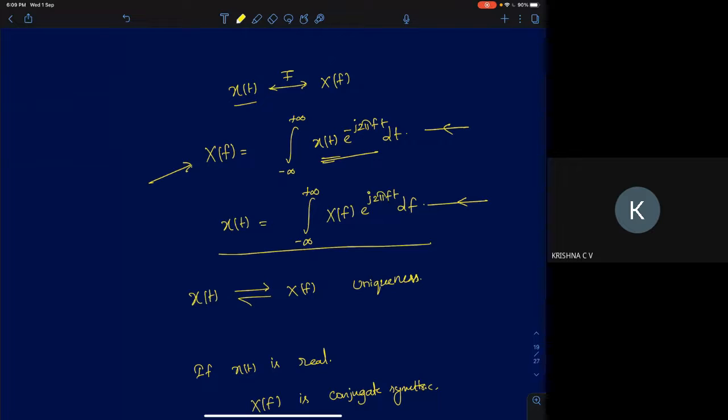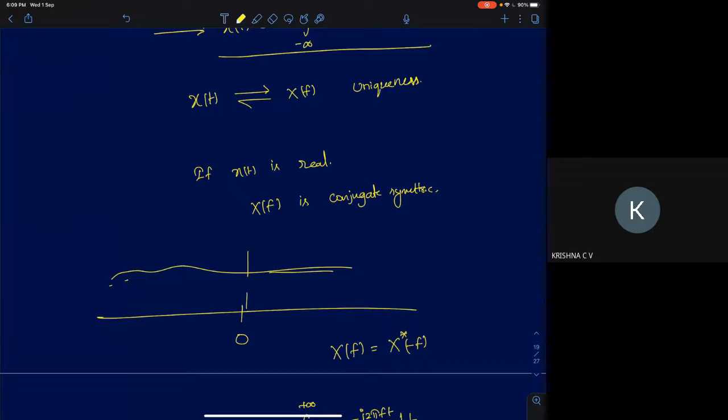Because it is unique, if you know what your Fourier transform is, you can reconstruct your signal back completely. The first equation is called the analysis equation. It gives you an understanding of your signal x of t, which normally you may not get by staring at it in the time domain. So the Fourier transform is a unique transform.